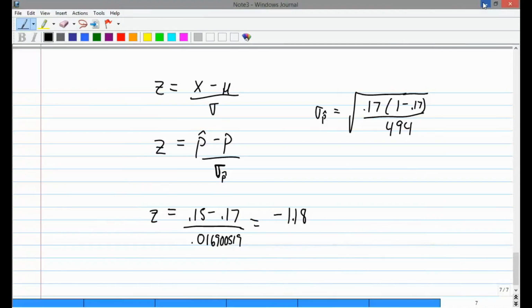So 0.1190 is the probability that p hat is less than 0.15.